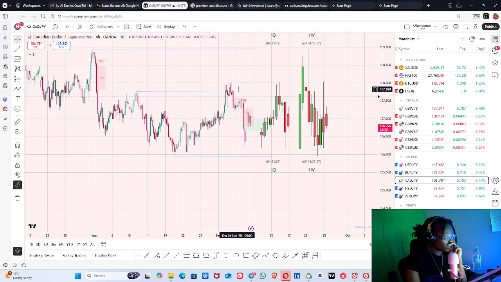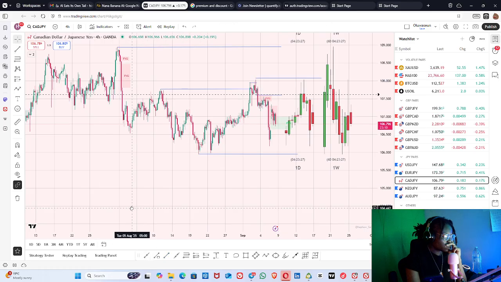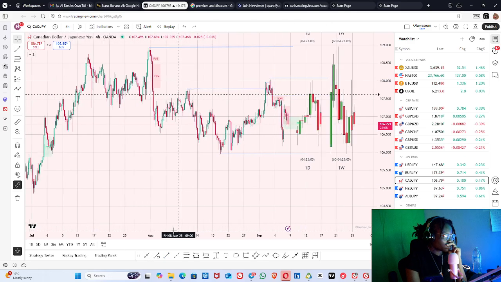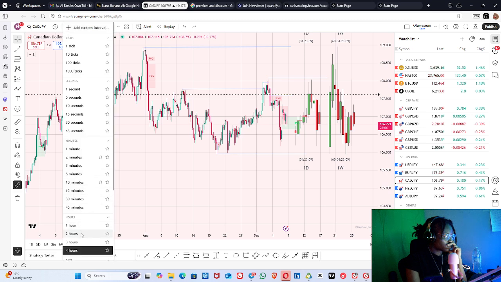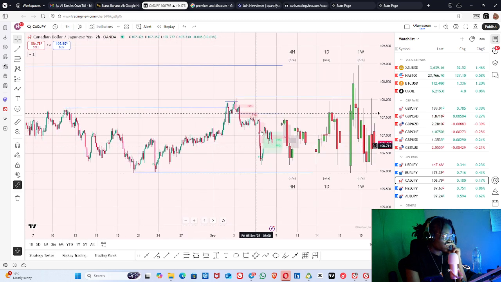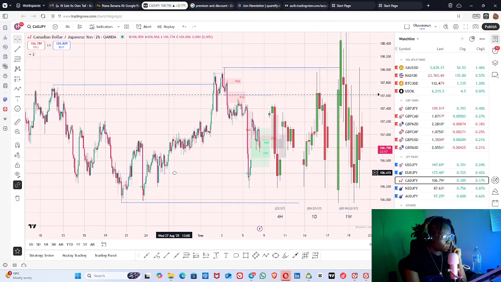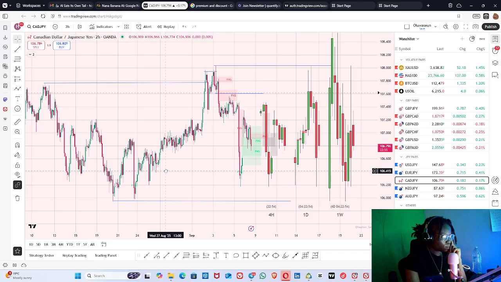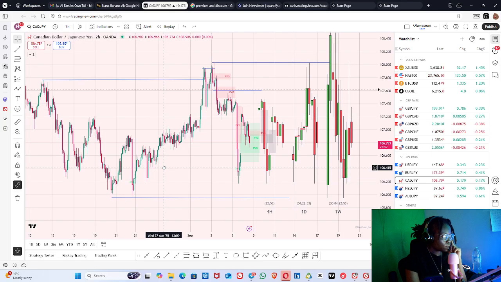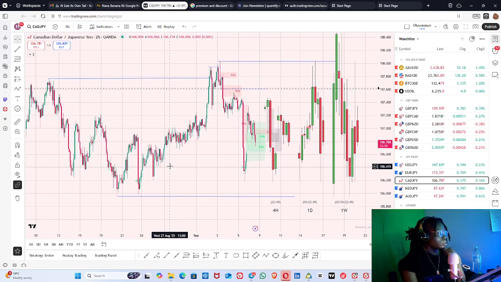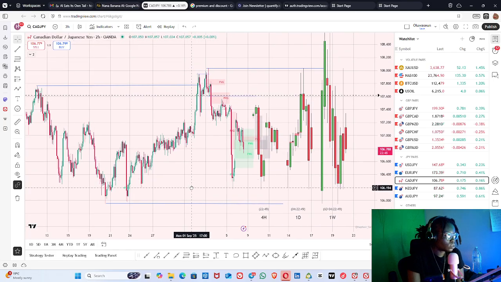I'm expecting price to go and tap into this zone. This can serve as a protected high. I just have to be on the lookout for suitable entries.